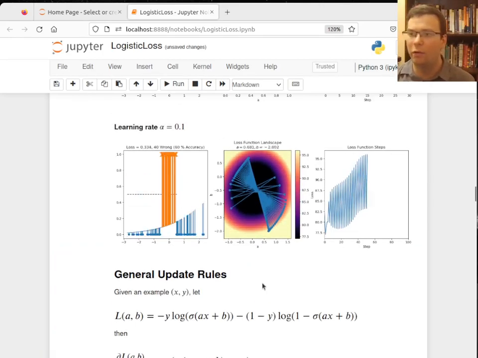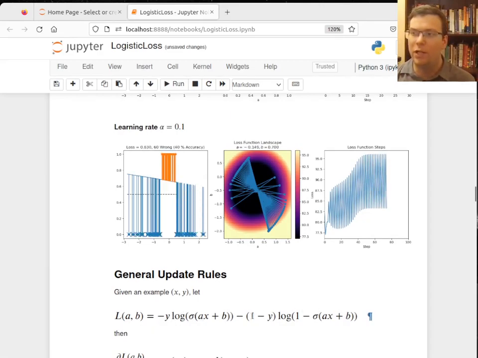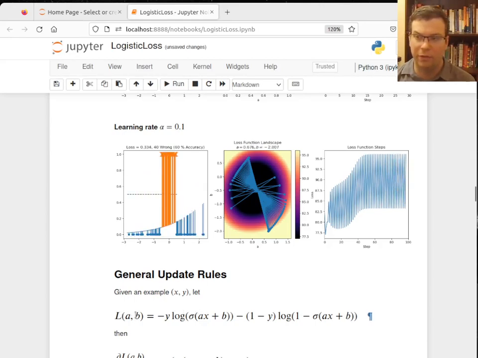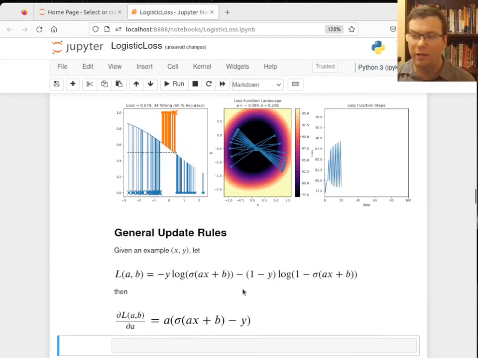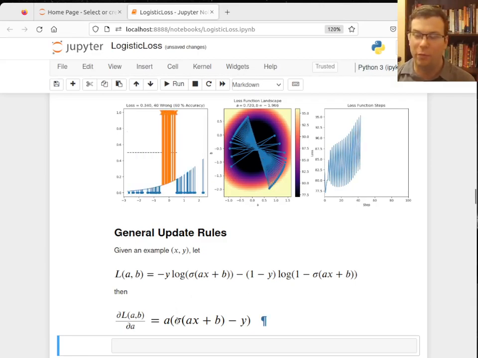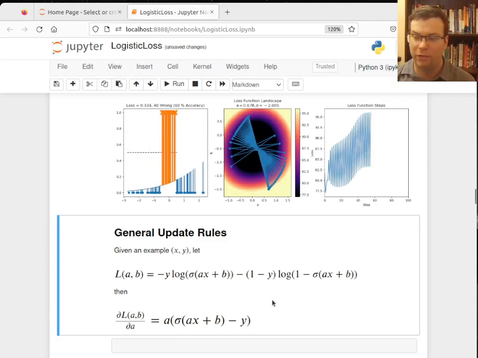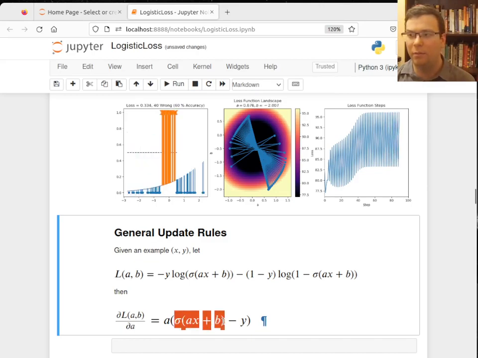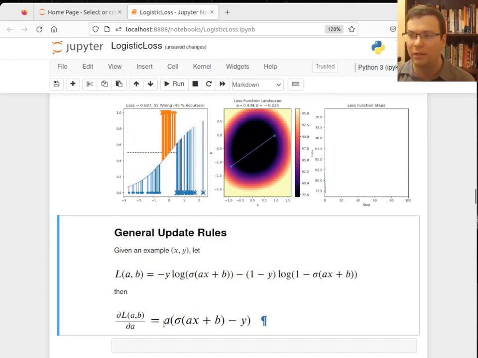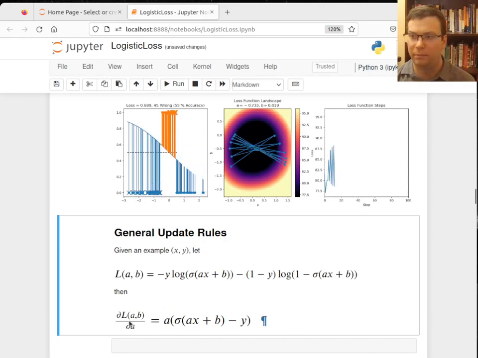If we start with our loss function, we can take the derivative with respect to a, treating b as a constant. That's called the partial derivative with respect to a. If you work it out, it is quite nice in this case. Going back to the definition of the logistic function, you get a really nice equation: the derivative is the estimate minus what it's supposed to be, times whatever a happens to be right now.